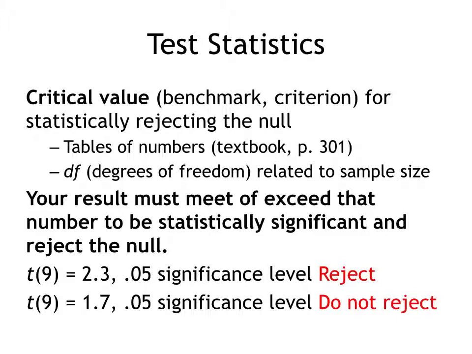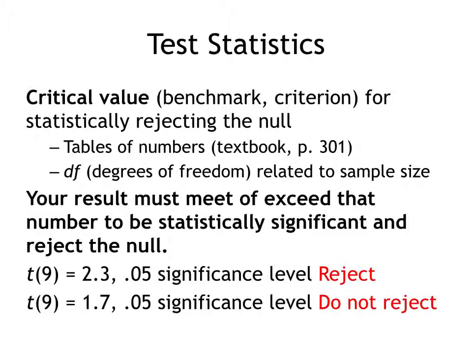So if you look at the table, if you'll turn to page 301, this is a t-test. A t-test means there were two groups. And when all the tests were run, the statistic was 2.3. At a 0.05 significance level, remember I talked about that before, you're going to reject the null because t at 9 degrees of freedom, 2.3 is above that critical value number.